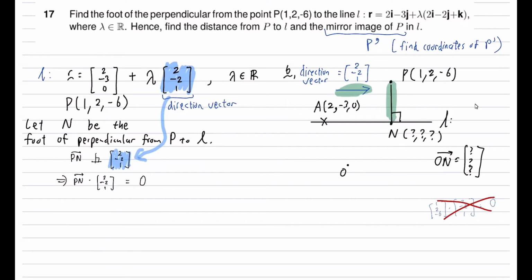Then what did I do with my PN? It is substituted in: it's ON minus OP. Very good. Substitute with ON minus OP, but then dot with (2, -2, 1). What's missing?